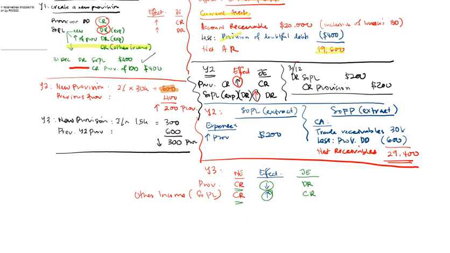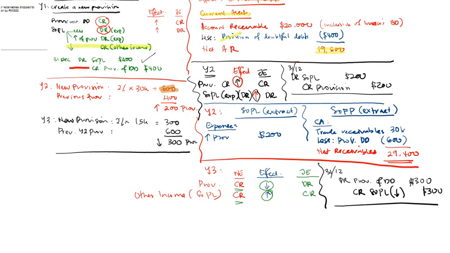So the adjusting entry of this transaction will be debit provision of doubtful debts of the difference of 300, and then credit statement of profit or loss reduction by 300.